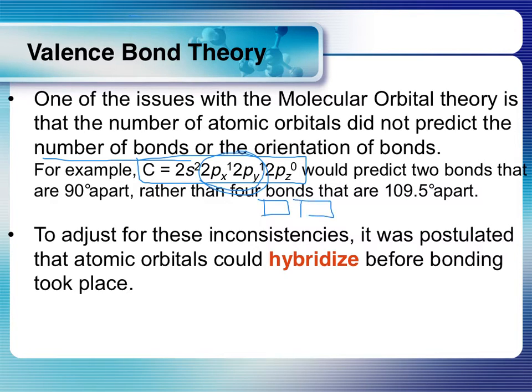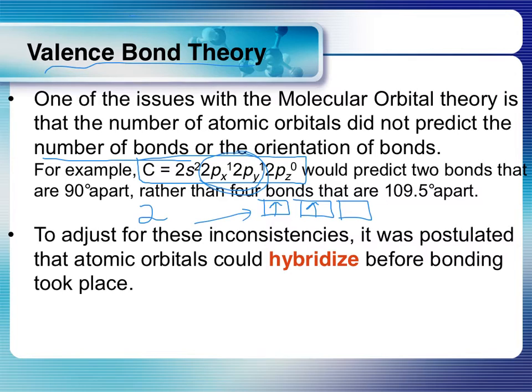If you think of the boxes as orbitals, the orbital configuration would look like that. That would suggest that carbon may want to make two bonds. In fact, it makes four bonds, and that couldn't be explained with molecular orbital theory. So they came up with a new theory called the valence bond theory, which honestly, as of this date, they're beginning to question too, but it does have some benefits.